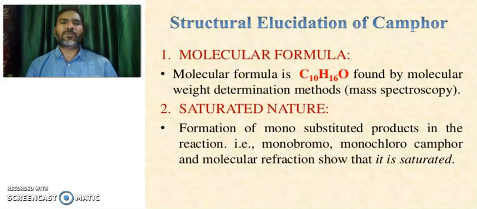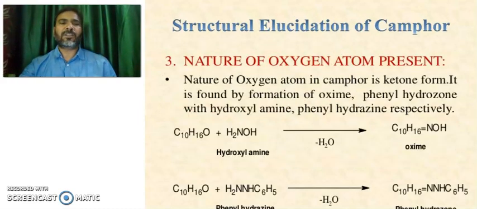So first, molecular formula. The molecular formula is C10H16O, found by molecular weight determination, mass spectrometry. Now, structure nature. Formation of monosubstituted products in the reactions, monobromo and monochloro camphor, and molecular refraction show that it is saturated.